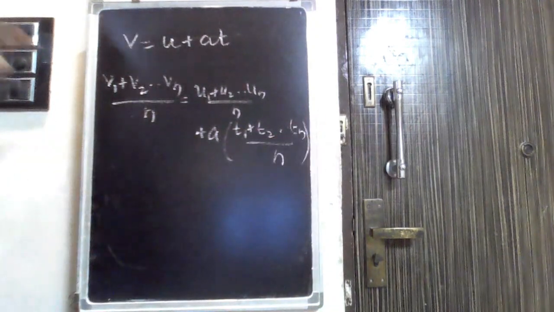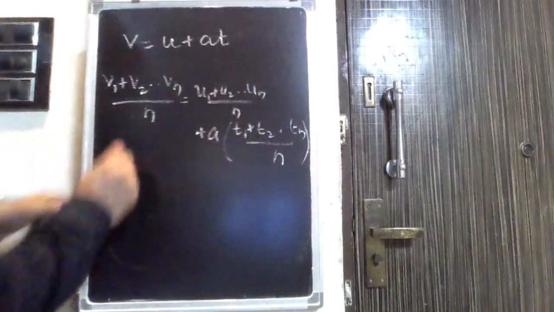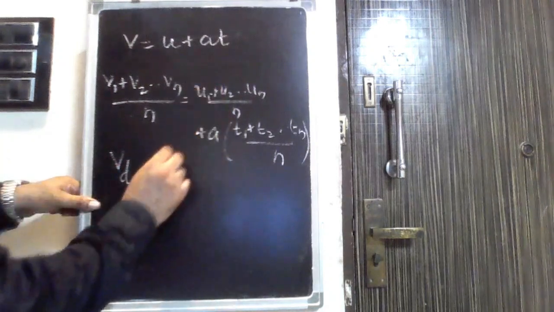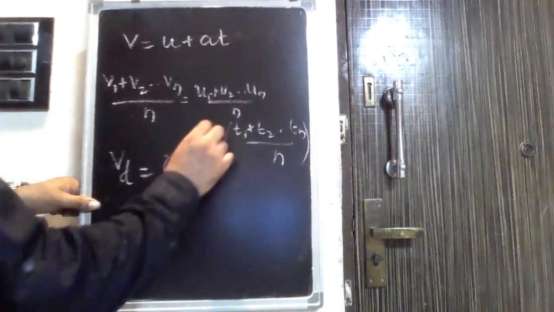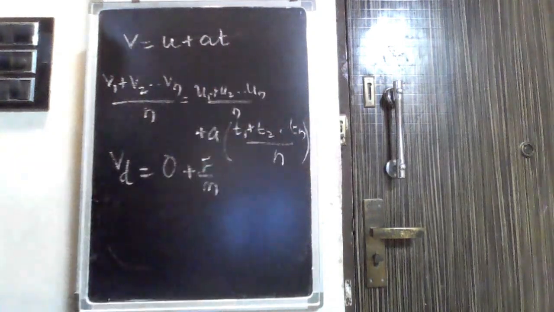So they have different speeds now, so the average of that, the initial average speed, is 0. So this is called Vd, and this is 0. This is acceleration, which is going to be force upon mass.